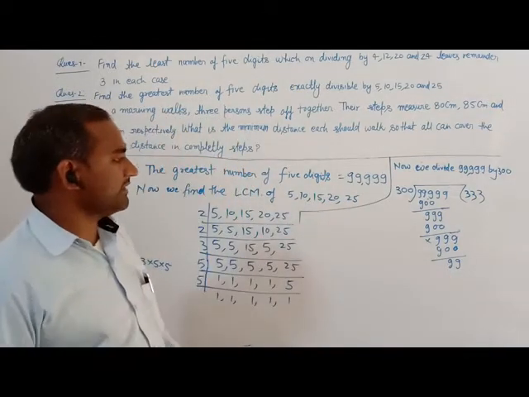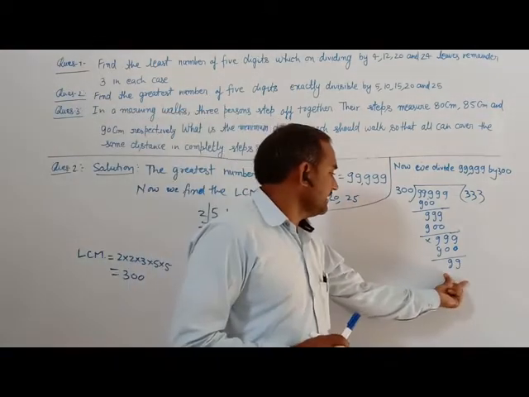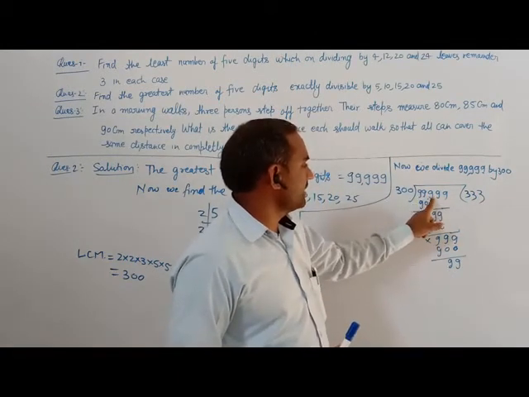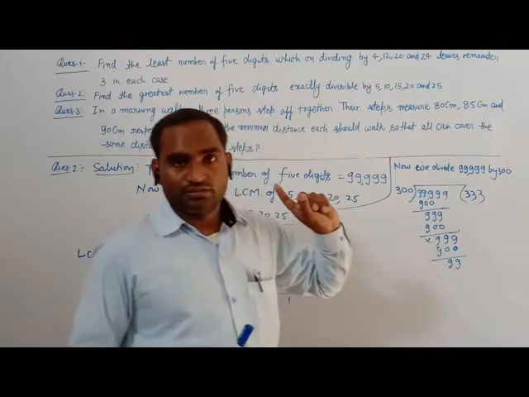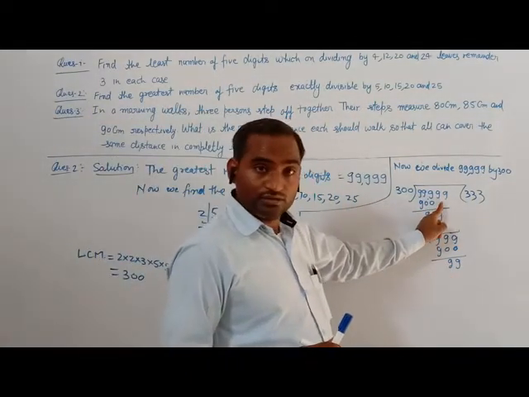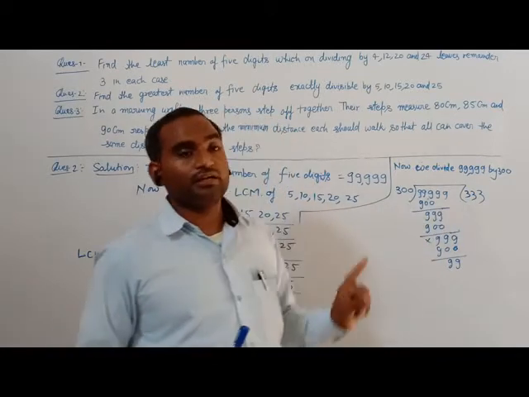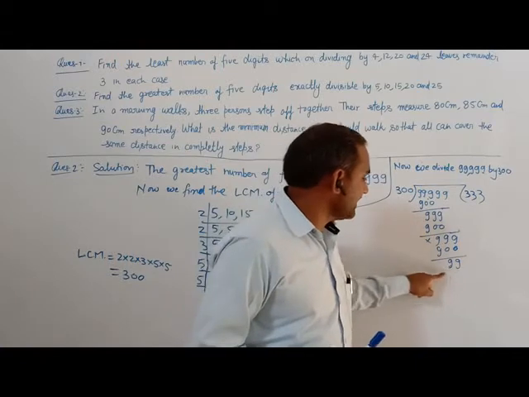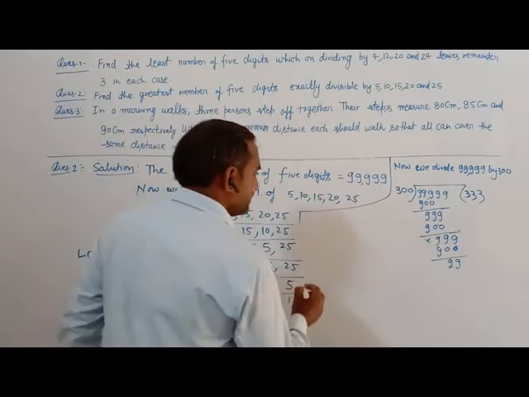We have to subtract the remainder 99 from the number 99,999. If we add 1 in 99,999, it will convert into 6 digits. So we have to subtract 99.